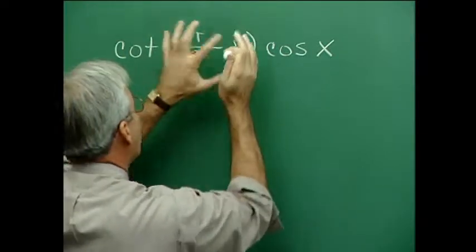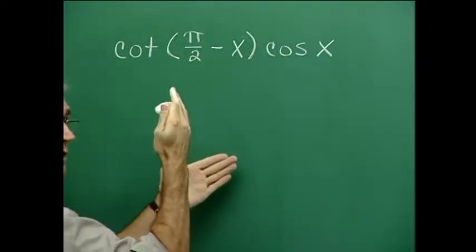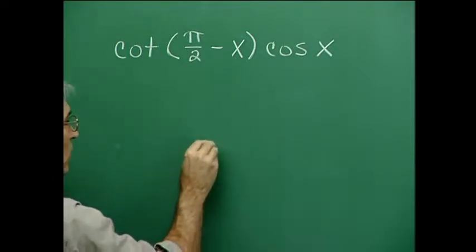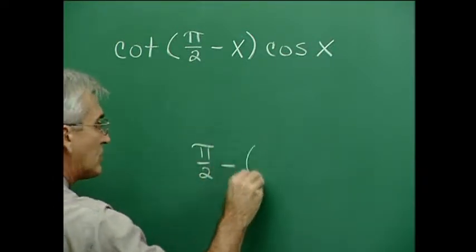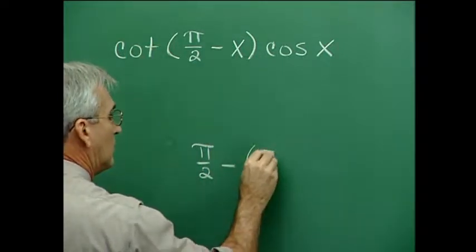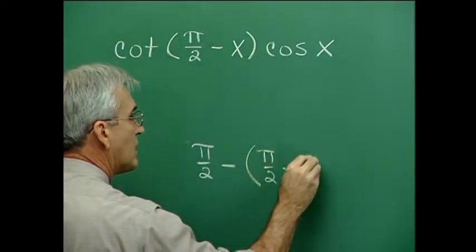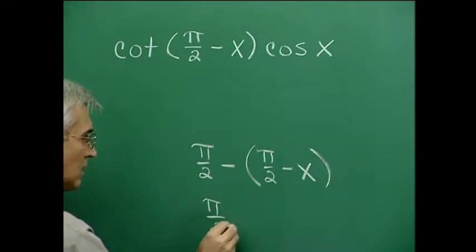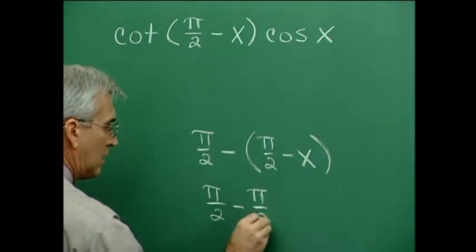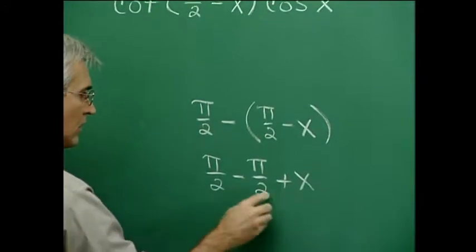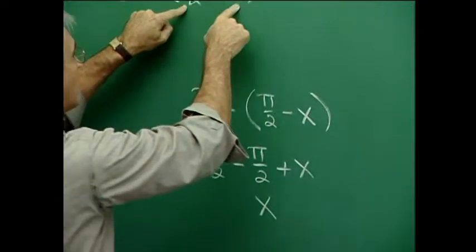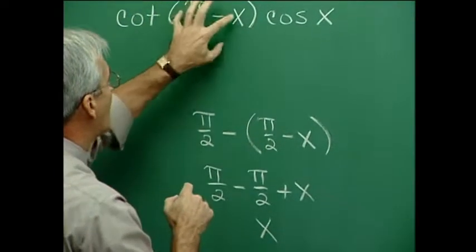The complement of an angle is found by taking pi over 2 and subtracting the given angle. If I want to show all of the proper steps, those go out and we have simply x. So this is nothing but the complement of x.